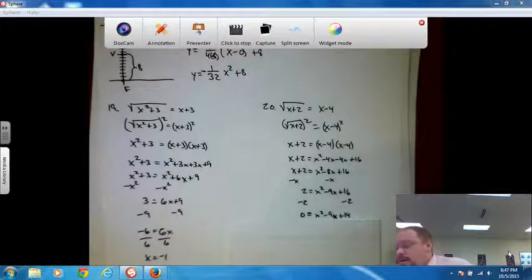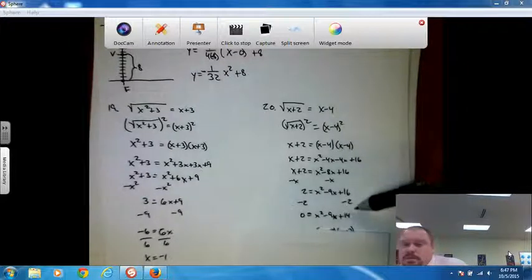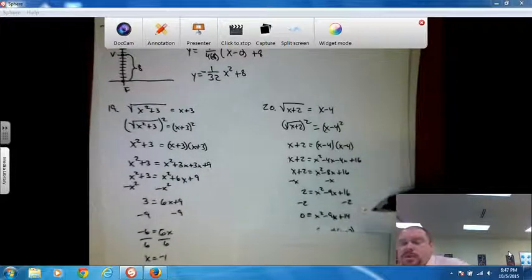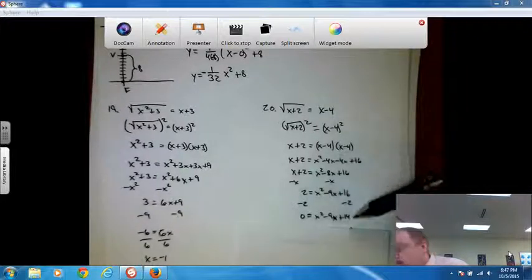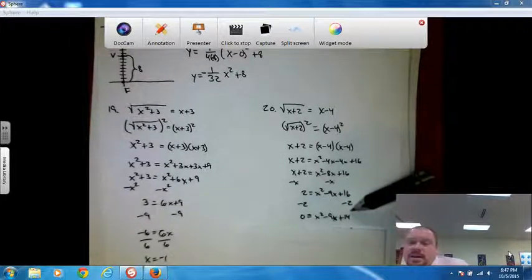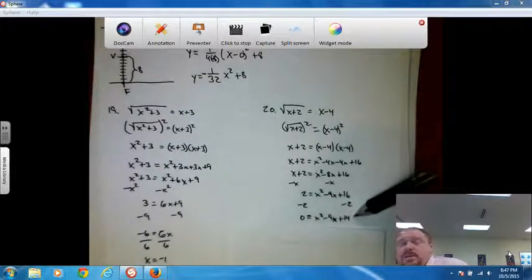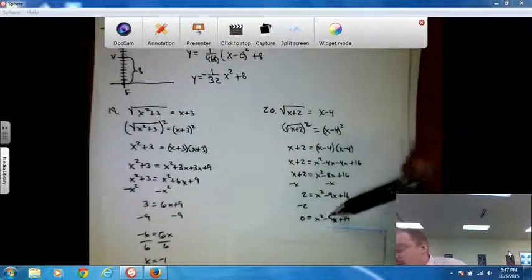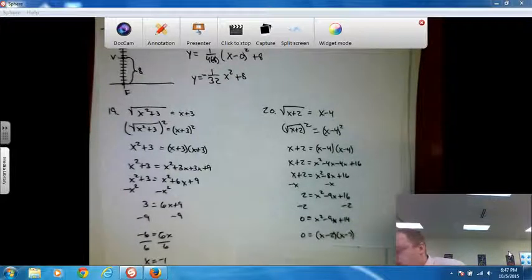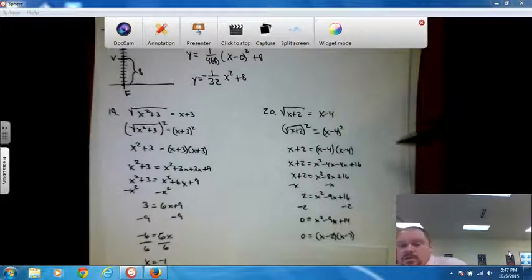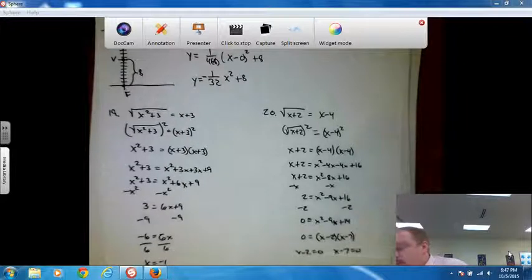So now you can either choose to foil it, choose to factor it, or you can use the quadratic formula. This one's not bad because negative 2 times negative 7 is positive 14, and negative 2 plus negative 7 is negative 9. Now, set each of these equal to 0.